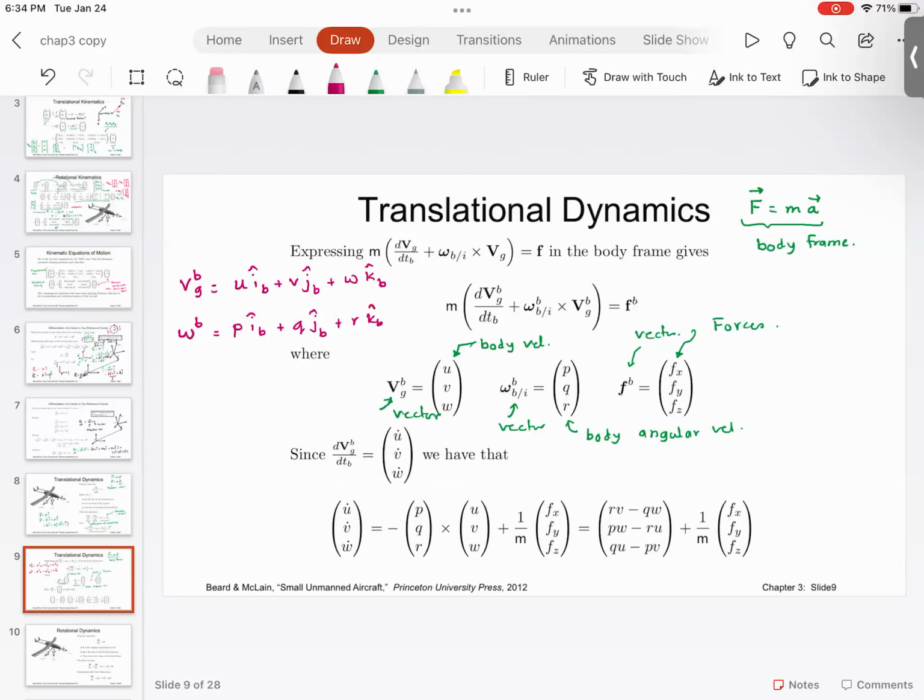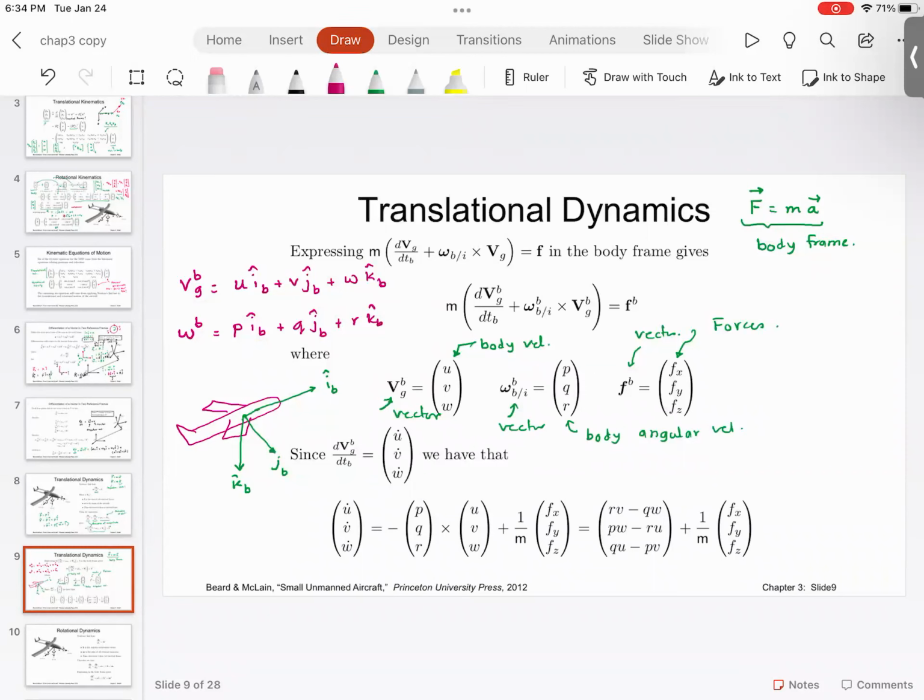So what this represents is, I have this aircraft. I have done all these transformations, and you will realize why I'm very particular about this, because what you want to do is perform a cross product of two vectors. So you have, this is my I, this is my J, and this is my K. This is I body, J body, and K body.